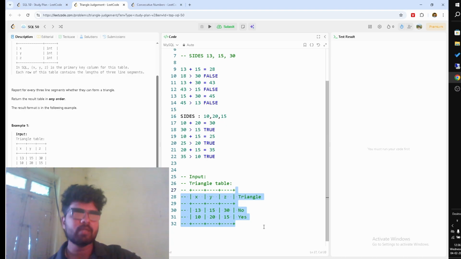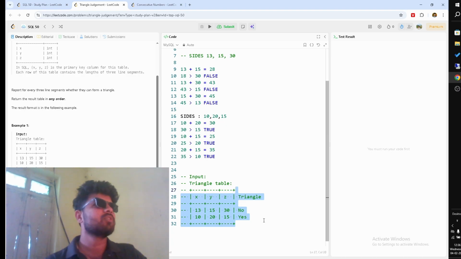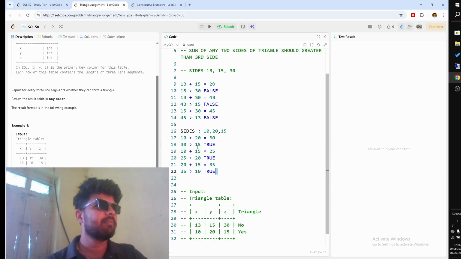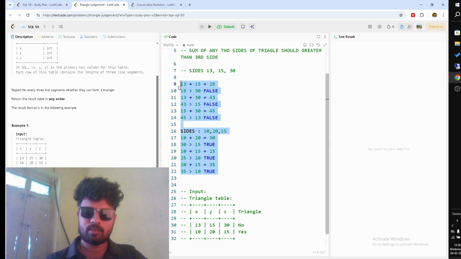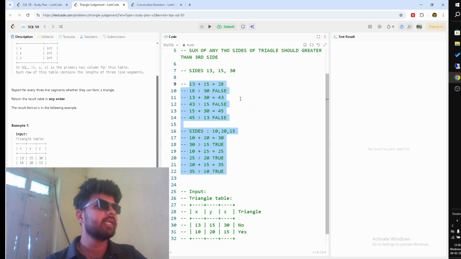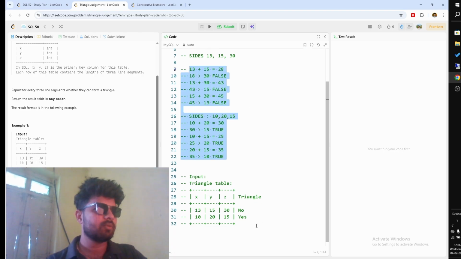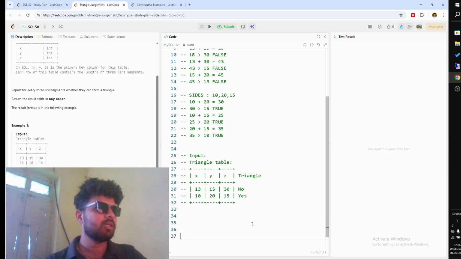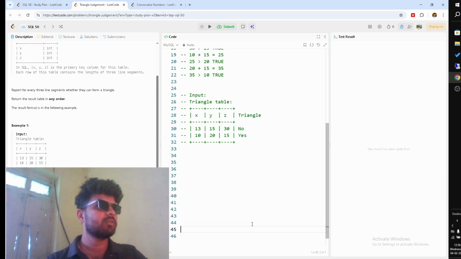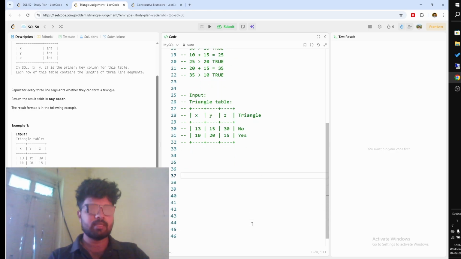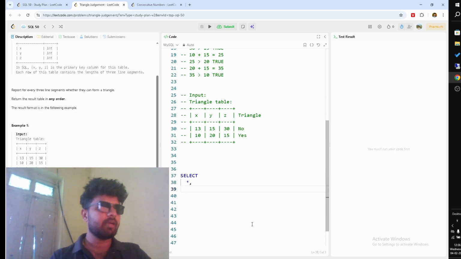Let's try to code it using SQL. I'm commenting this out. So now let's see what we can do. Here we go: select, I will use star here, and I will use a case statement.